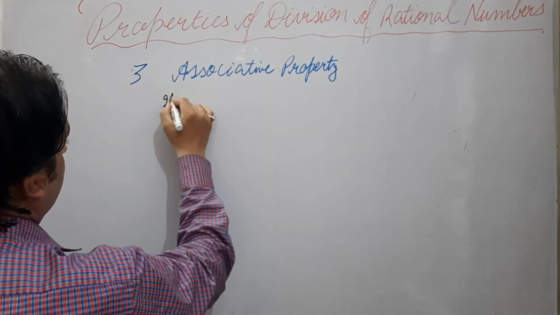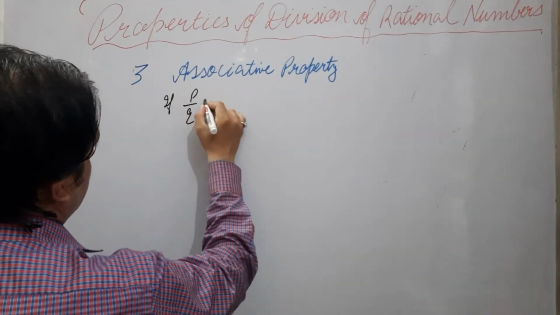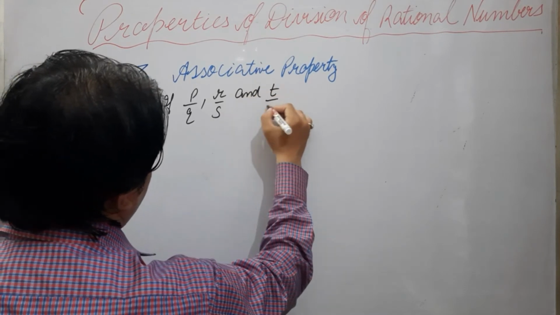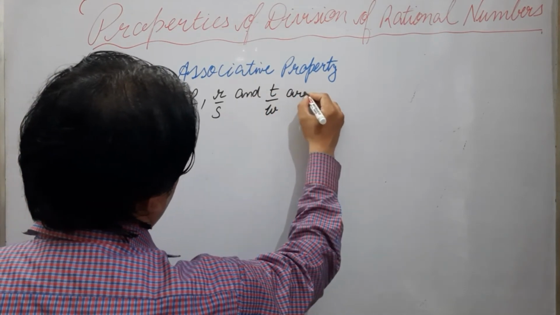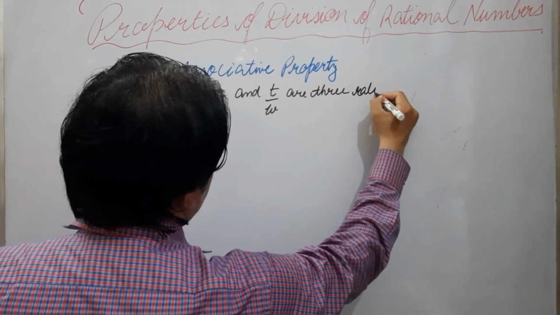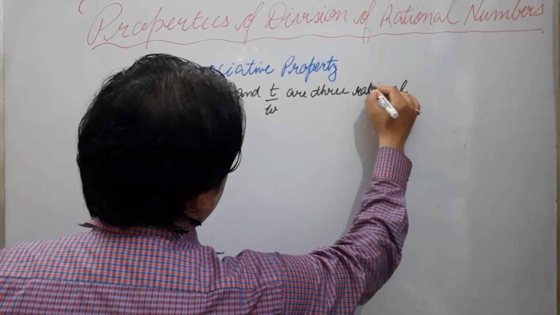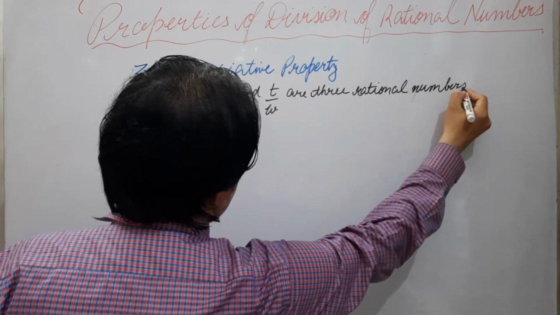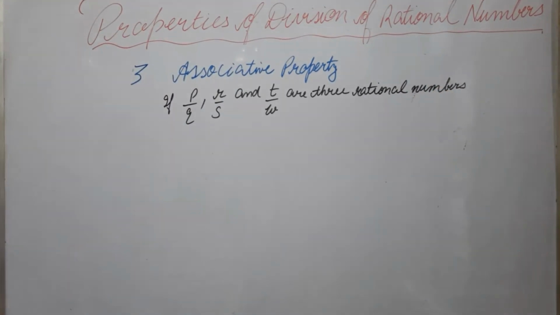Let's say P by Q, R by S and T by W are three rational numbers.